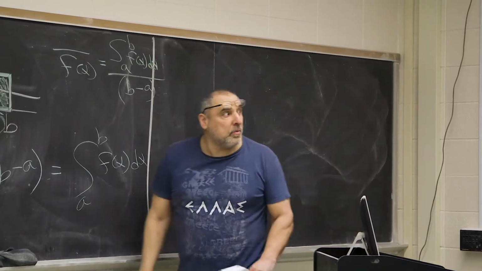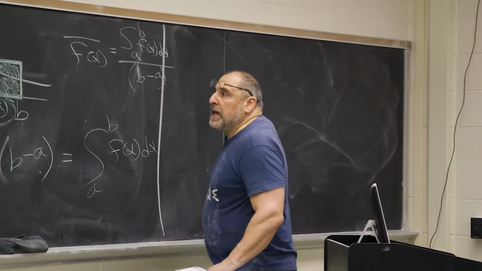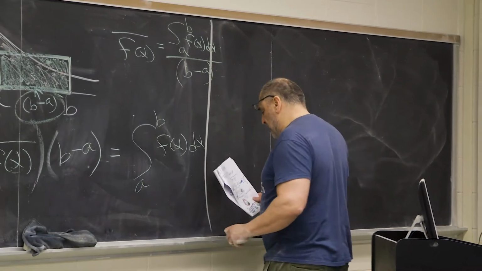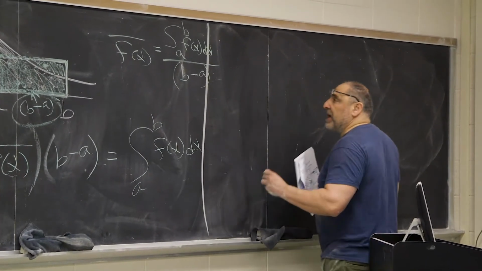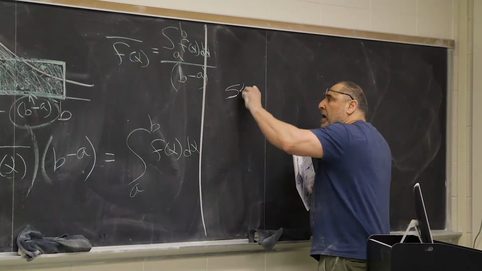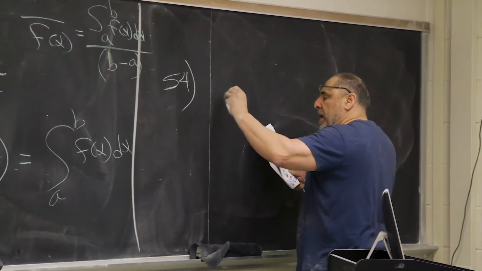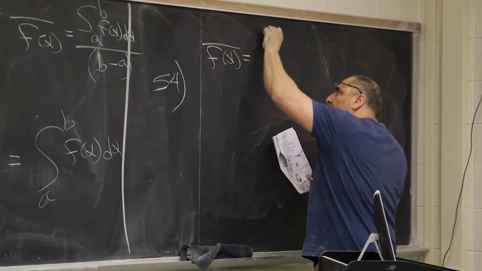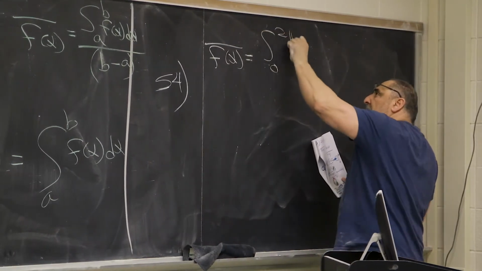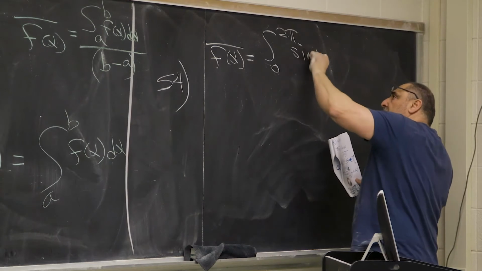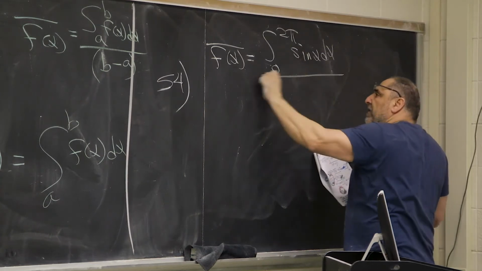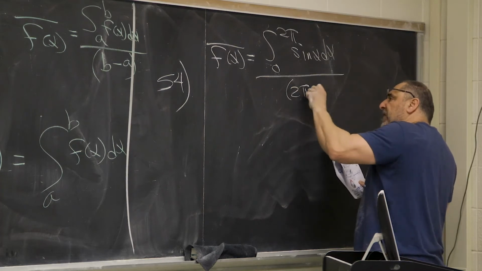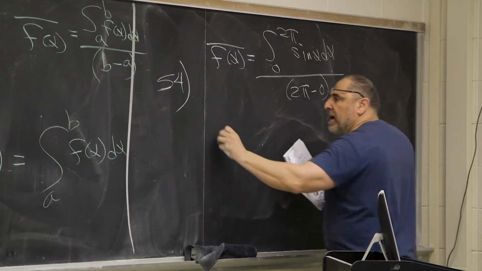So let's see what we can do here. It's a pretty straight move on this one, you guys. For 54, you're essentially just going to give me the integral from 0 to 2 pi of the sine function dx, divided by 2 pi minus 0, which is just 2 pi.